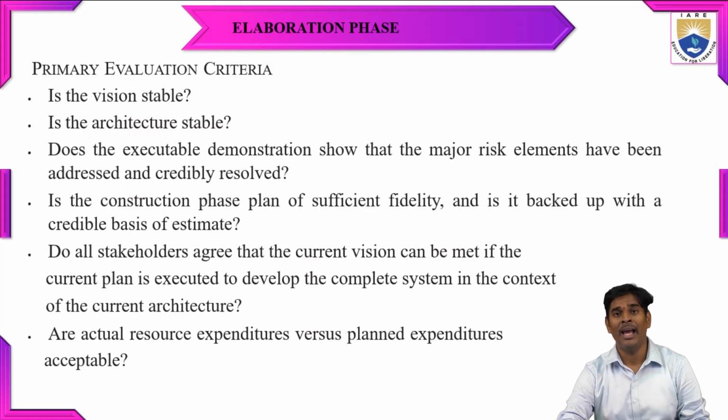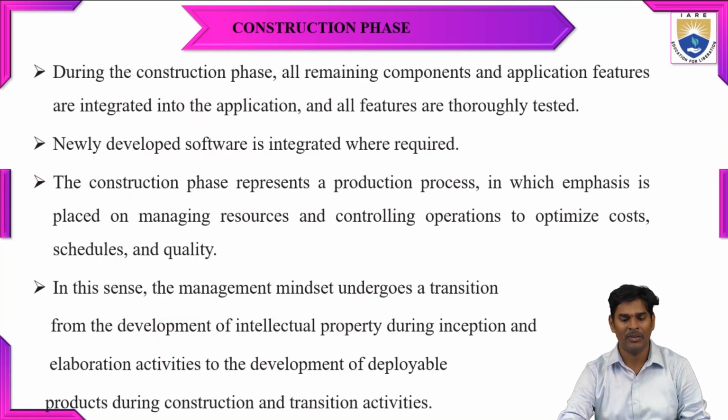Okay, then only they can accept whether the expenditures can be increased or not. If not, they will give some suggestions on how to minimize the cost and the schedule during the elaboration phase. So it is very important for the member to give a brief explanation of how they're going to spend on the resources, actual and planned, during the project. Okay, so that is about the elaboration phase.